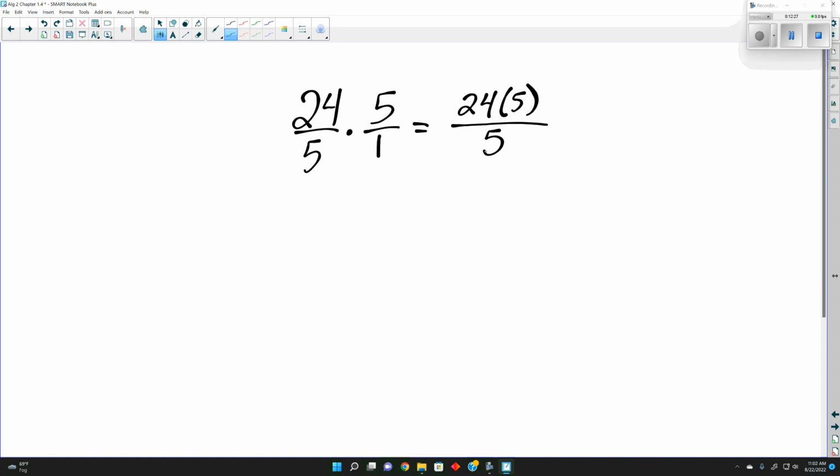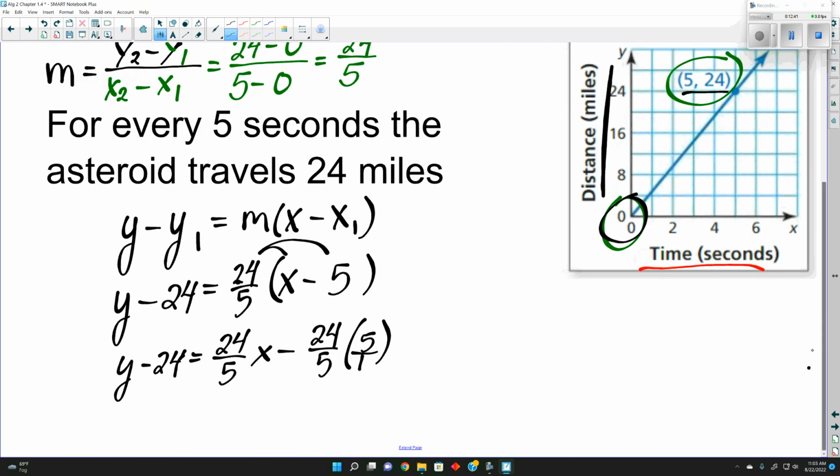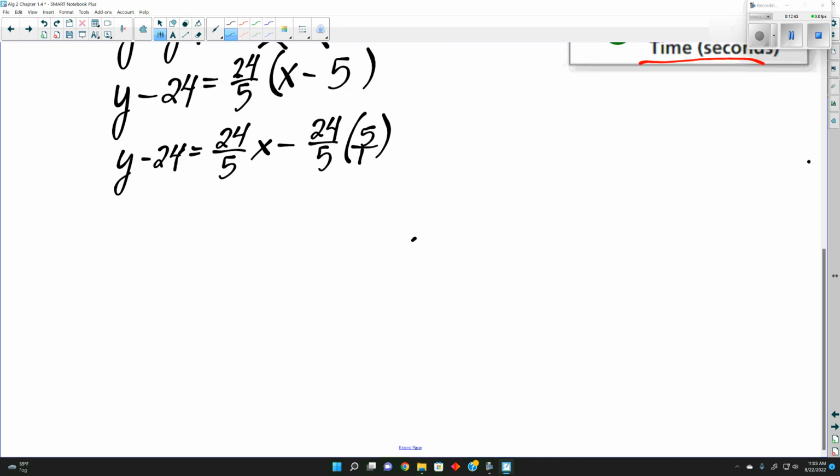Well, what's anything divided by itself? 1. So we just get, really, that y minus 24 is equal to 24 over 5 x minus 24.